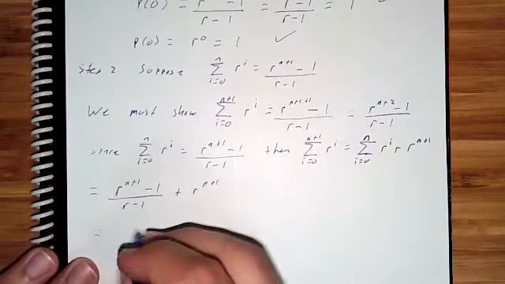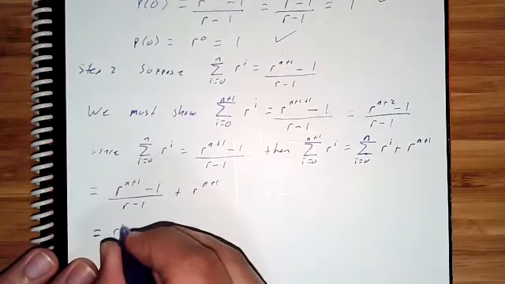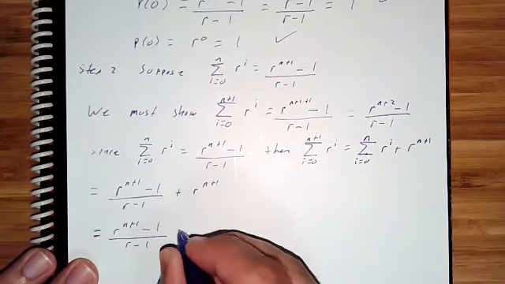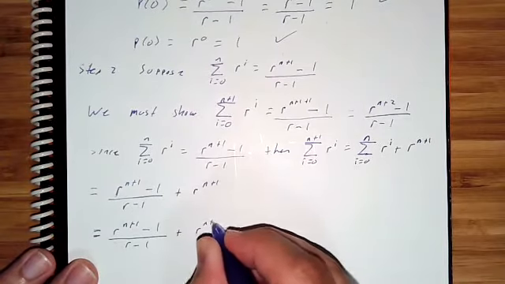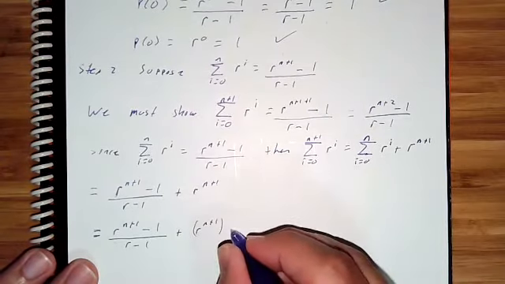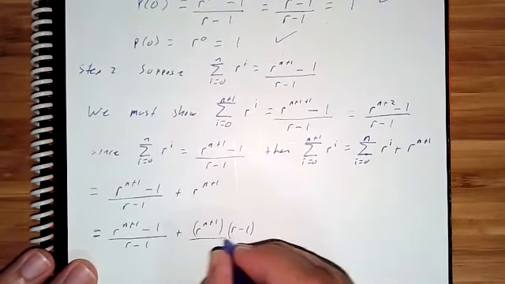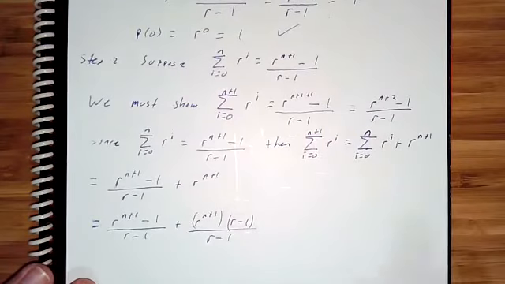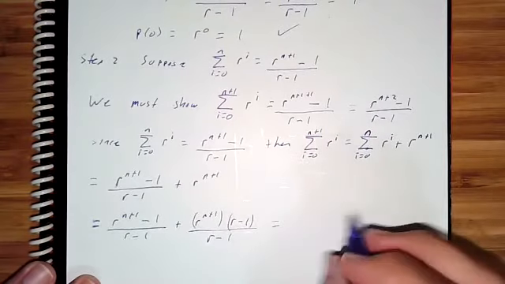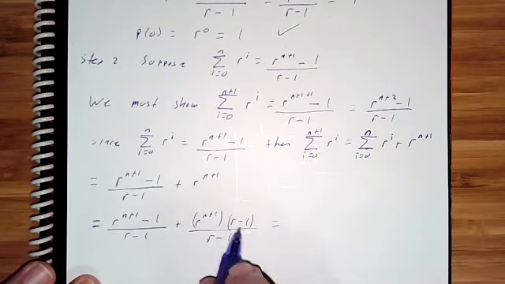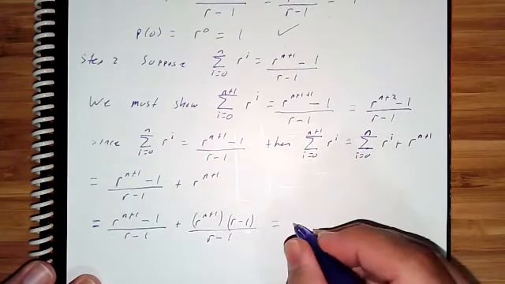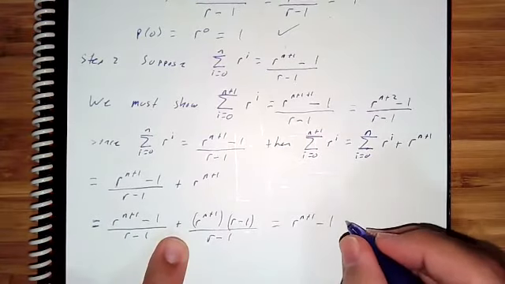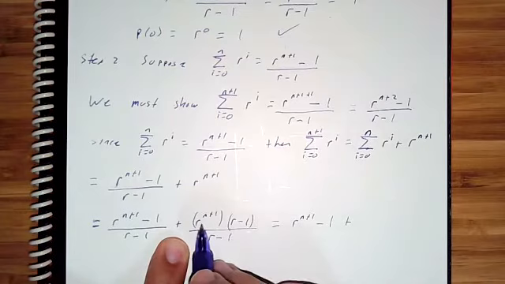That will be the same as, so add the fractions, so it'll be R to the n plus 1 minus 1 over R minus 1 plus R to the n plus 1 times R minus 1 over R minus 1. So combine them, that'll give us, right, multiply that out, R to the n plus 1 minus 1 plus, so R times that guy.